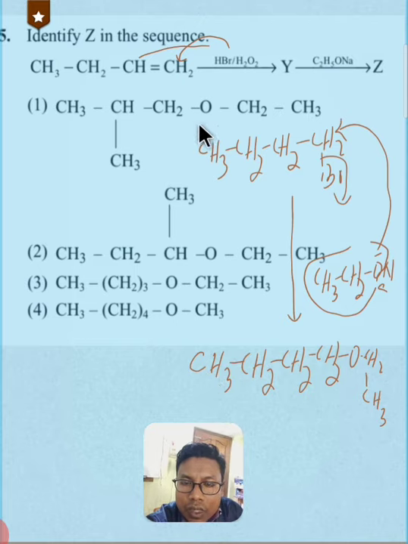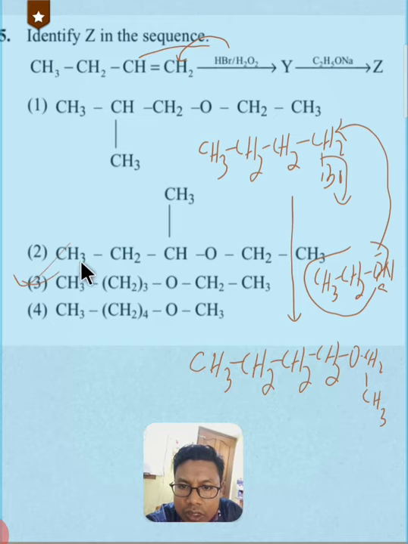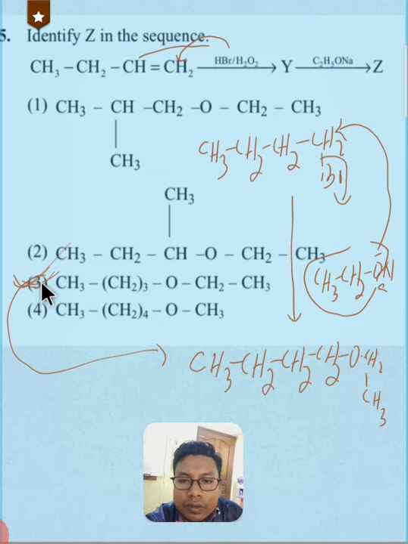This is not 1-ethoxybutane, this is 2-ethoxybutane, this is not correct. CH2 3 times CH3, this is correct. This option C is correct, option 3 is correct. This is also not 1-ethoxy, this is 1-methoxypentane, I think. This is the correct option. So this and this are same, just check.